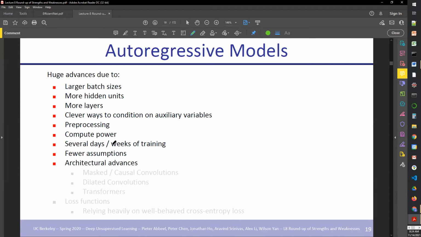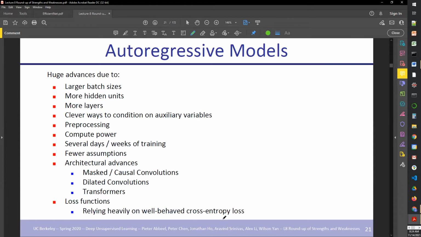And then there are architectural advances: masked convolutions, dilated convolutions, the concept of transformers. There are also loss functions, and shifting, as we did with fewer assumptions, to the domain of cross-entropy loss helps us primarily because it's heavily used and tweaked, and the optimizers have all been heavily tuned to do a good job with that kind of loss.